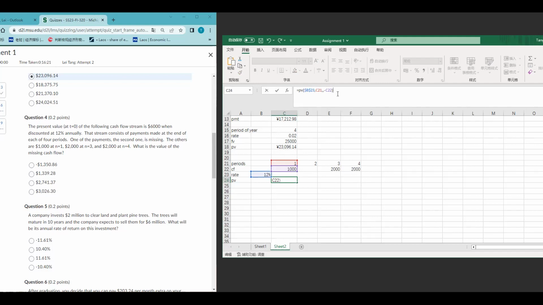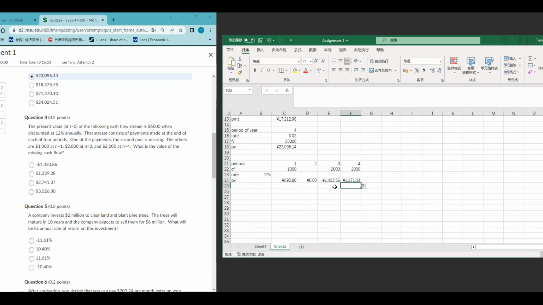The payment is at the end of each period, so the type is 0. So for the first period, this money is right now worth 892. And for the third one, we can use Excel to calculate that automatically.